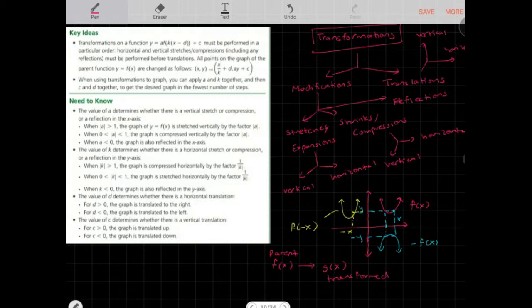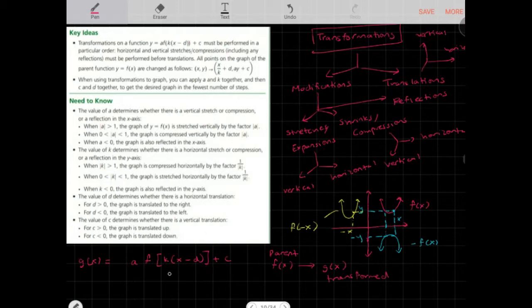We're going to look at this template as g of x is equal to a f of k x minus d plus c.